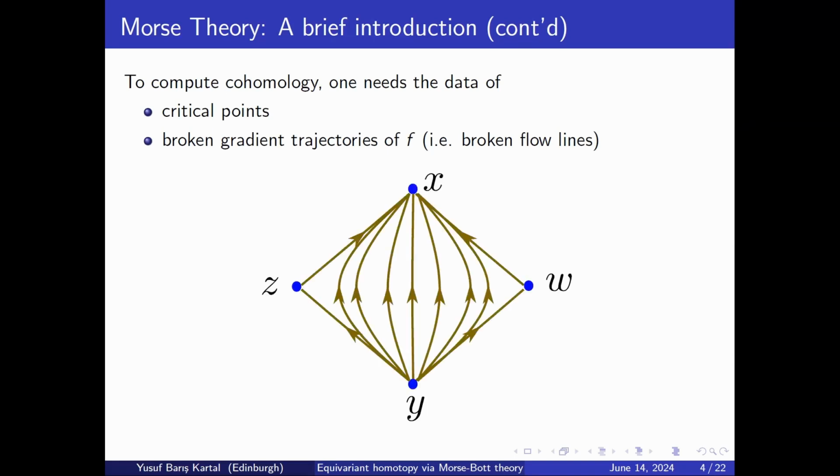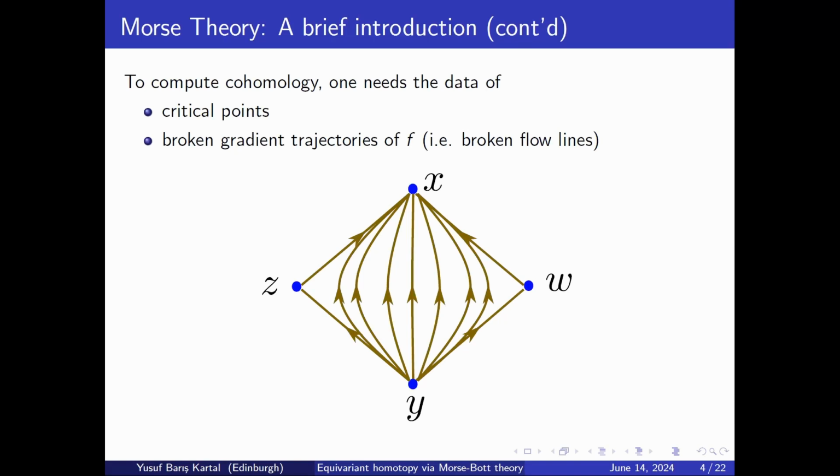Again, this can be thought of as a real example, or we can think of this as a schematic example. If you want, you can put a Morse function on the square, where the critical points are these corner points, and the gradient trajectories are the lines that I showed with arrows.